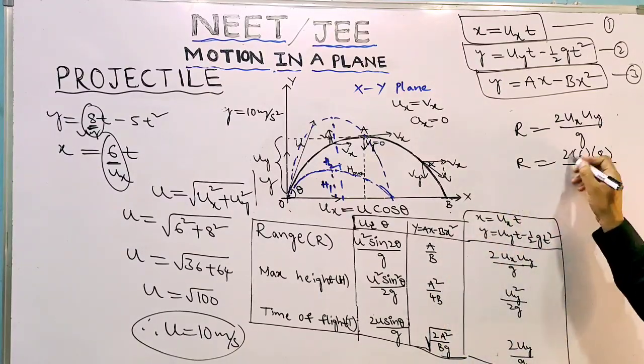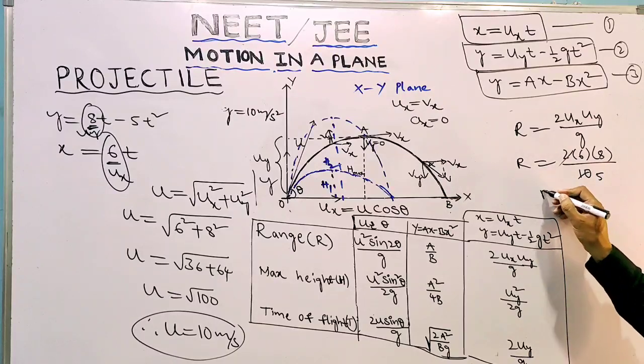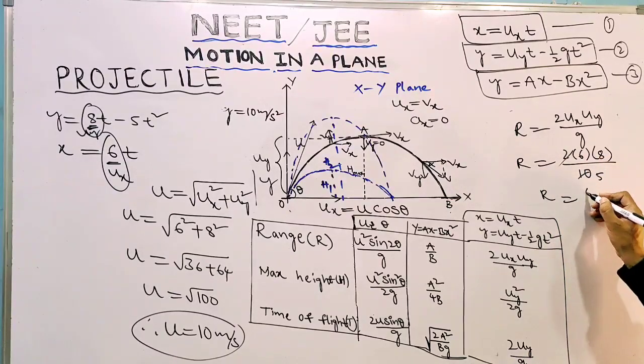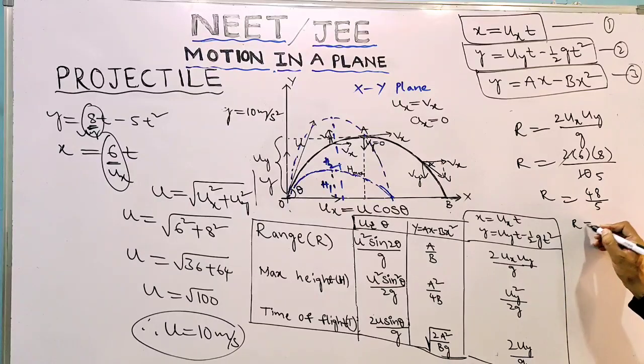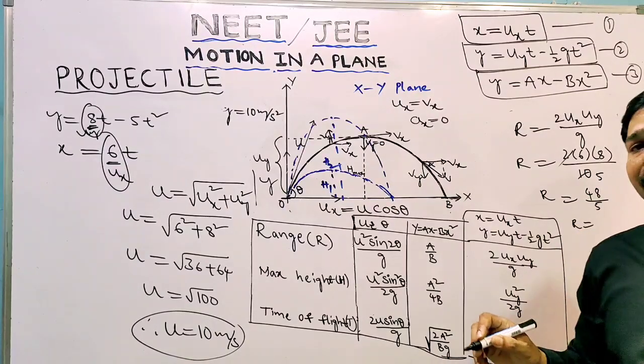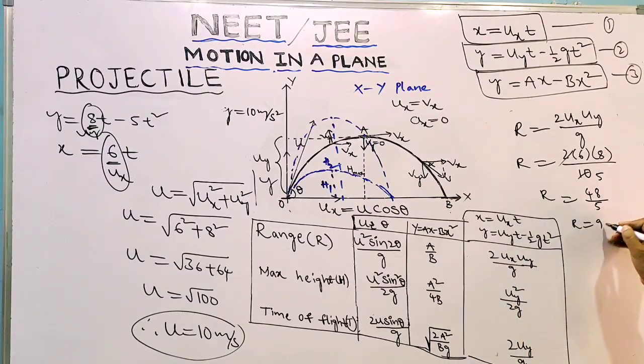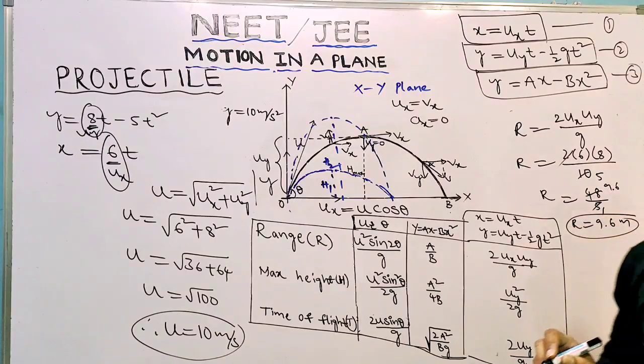Okay, so 2 ones are 2, 2 fives are 10. R equal to 6 eights are 48 by 5. Solve this one. 5 nines are 45, so 9.6. Range is how much? 9.6 meters.